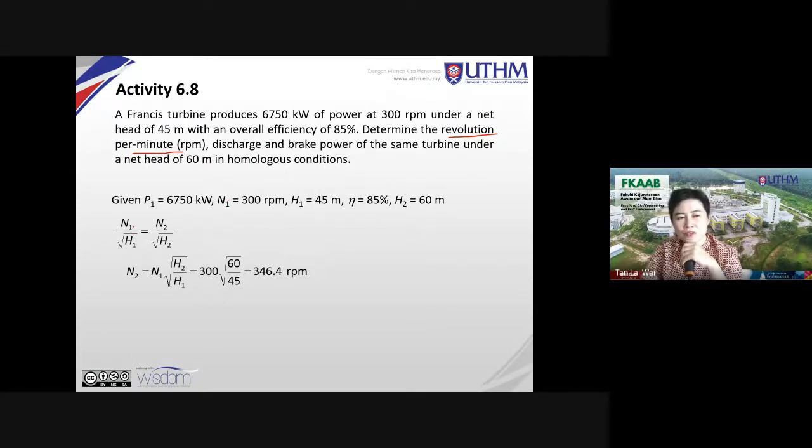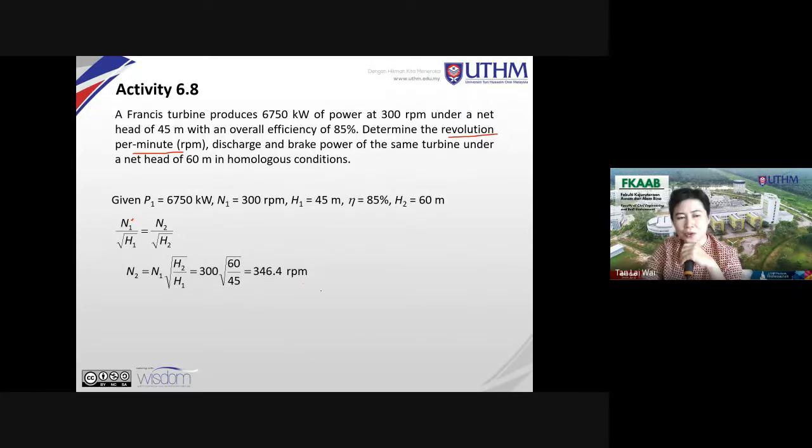Since you want to find the speed, you are comparing both. It's quite straightforward. You substitute the head for turbine 1 and turbine 2. This is just rearranging, right? You are going to get your speed.